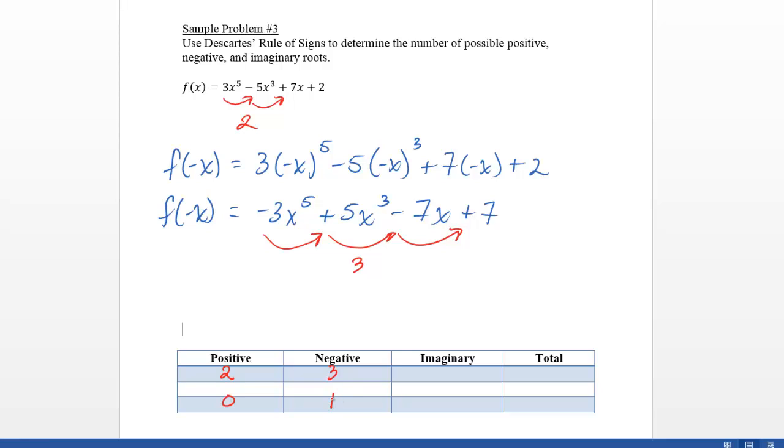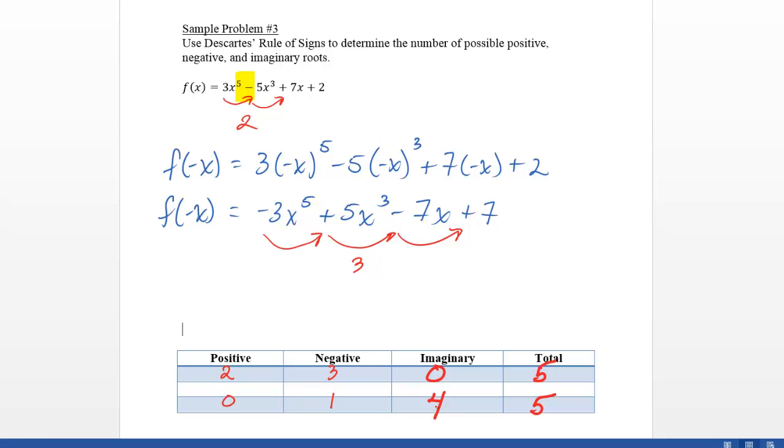Now, we're dealing with a polynomial that's x to the 5th, so we know that we could have 5 possible roots total. If we have 2 positive and 3 negative, that means we have 0 imaginary roots. However, if we have 0 positive and 1 negative, then we're going to end up with 4 imaginary roots.